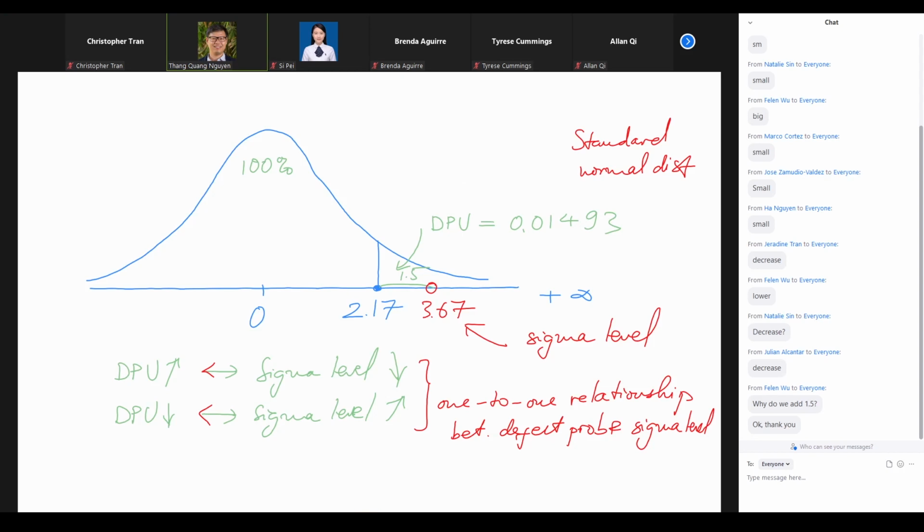In reality, another question is, why do we not just use the defect probability? Why do we need the sigma level? But think about it. Some processes have a defect probability of 0.0000, several zeros before they get an actual number, right?